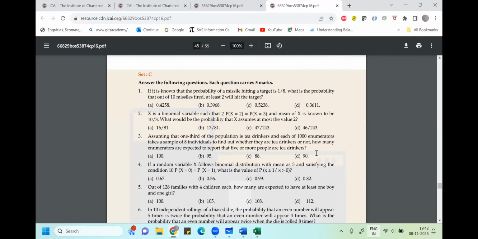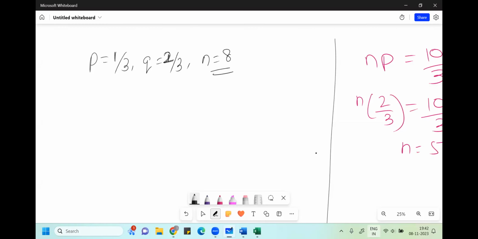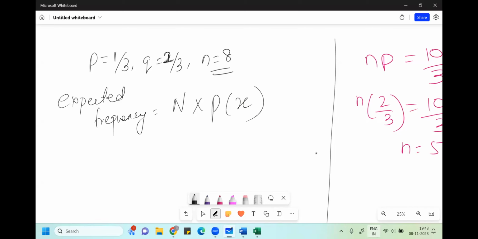Then the question comes, sir, what is that then 1,000 and all? So we use 1,000 to find the expected frequency. What is expected frequency? Whenever you perform an experiment on a total of so many individuals or units, the total multiplied into your probability distribution function is the expected frequency.